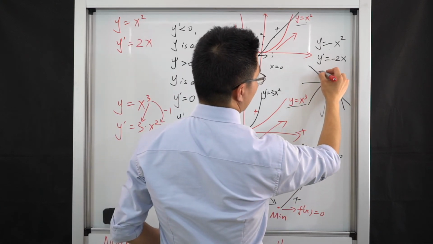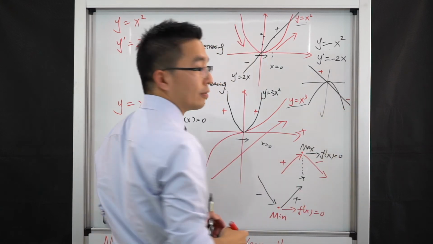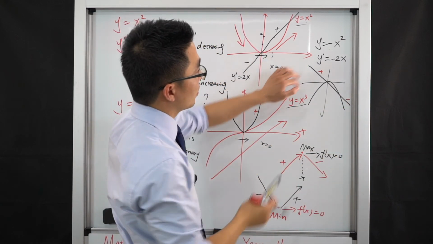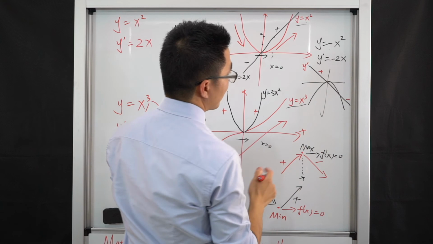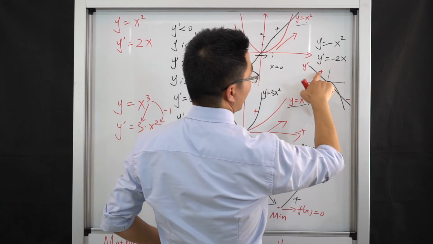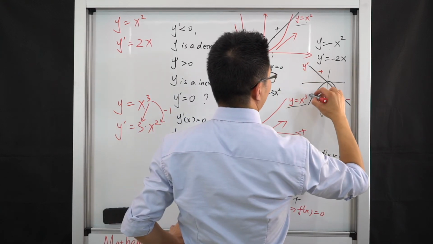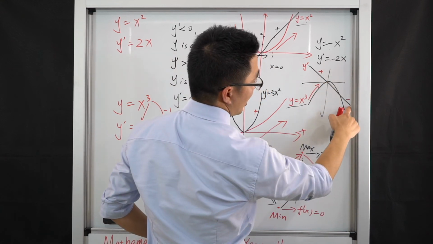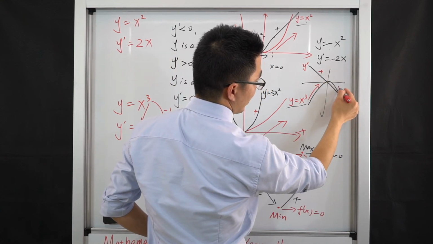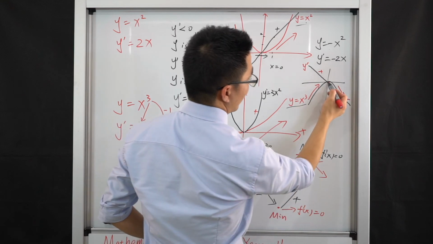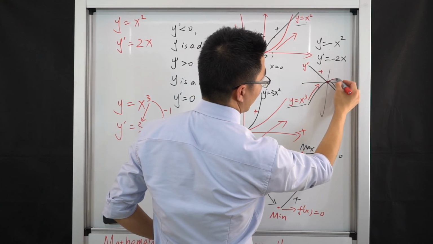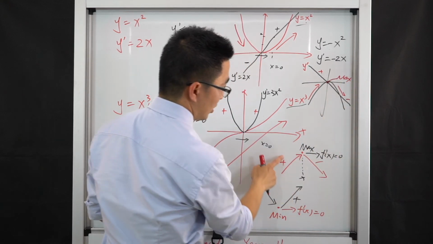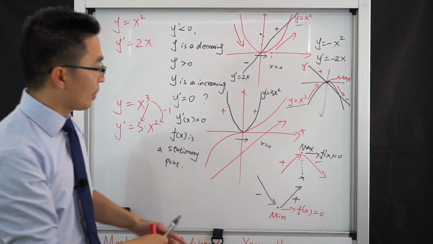So here is positive, here is negative for the y dash. And so here's the y dash. So when the y dash is positive, the original function is increasing. When the y dash is negative, the original function is decreasing. Then we can find the maximum over here in this situation. Okay?